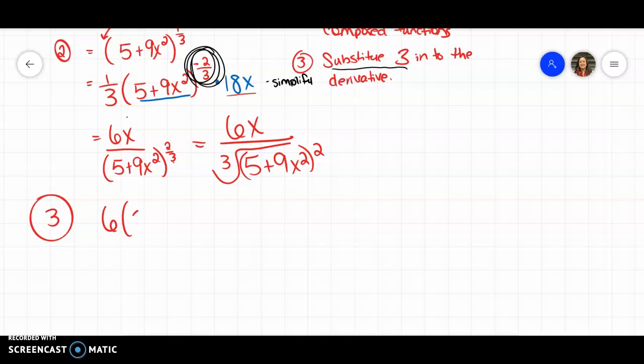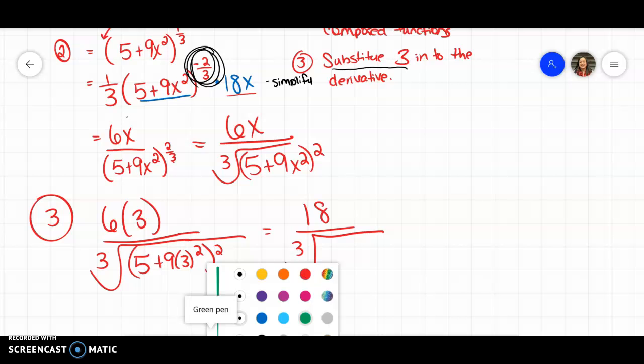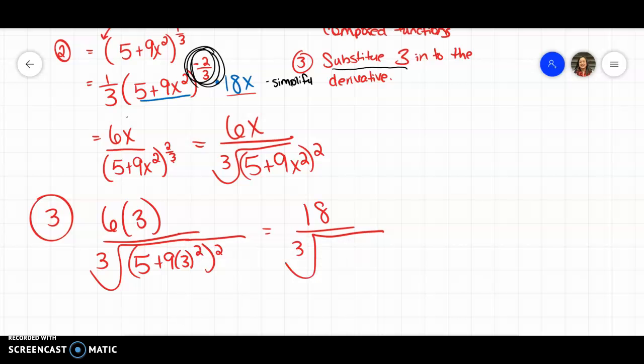That would be 6 times 3 divided by the cube root of 5 plus 9 times 3 squared, and then whatever all of this is, remember the radical, is going to be squared. So this would end up being 18 divided by the cubed root of, so let's look at this. We can do this together. Let's change my color of my pen. We don't need a calculator for this.